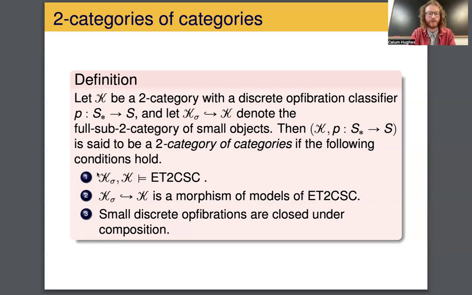Both of these 2-categories model the elementary theory of the 2-category of small categories, ET2CSC; this inclusion is a morphism of models of ET2CSC, so it preserves the structure; and small discrete vibrations are closed under composition. So this is the axiom of replacement.